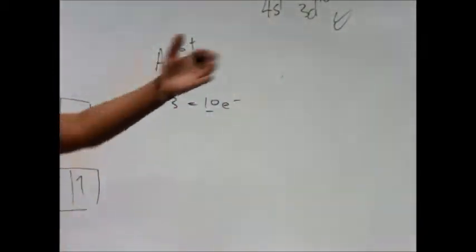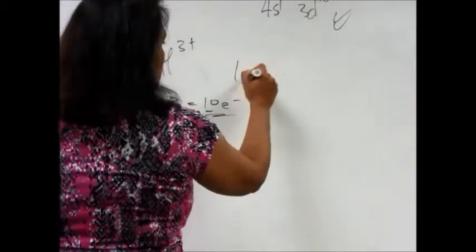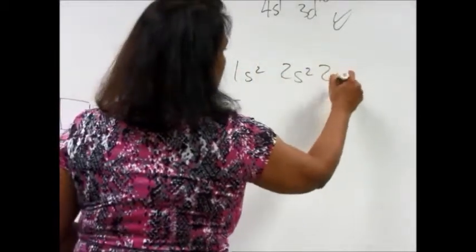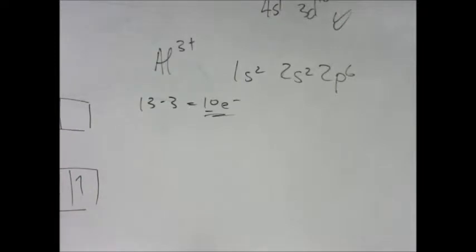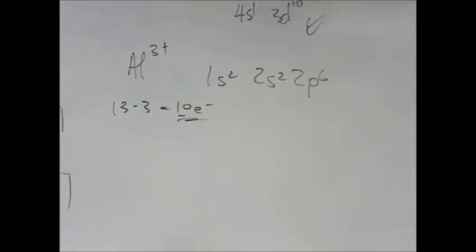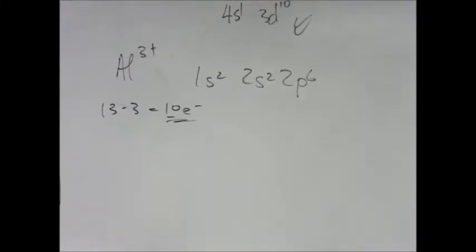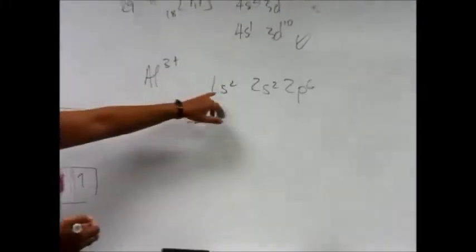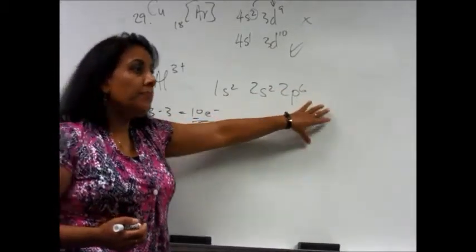And so you can look at neon also and fill that out, if you want to, or you can just do the electrons, which is 1s2, 2s2, and then 2p6. The most important thing in ions when you do this, for cations, is you get rid of the last electrons, not the first ones. So you're not getting rid of the inner electrons, you're getting rid of the outer ones.